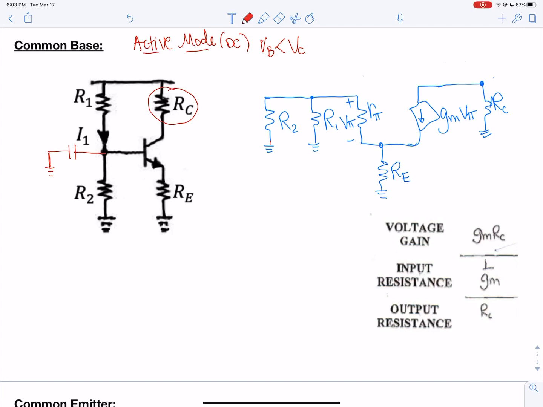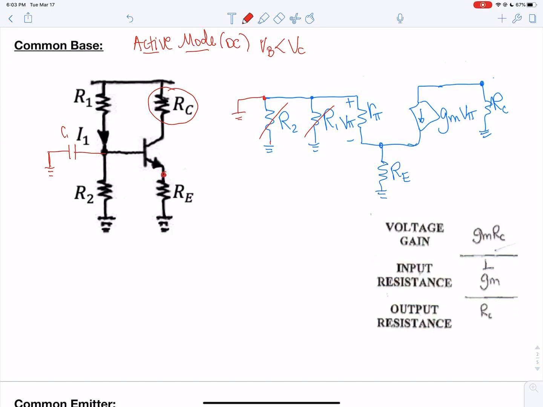So for base, you're going to connect a capacitor to ground right there at the base. In the hybrid pi, that is going to create a ground at the base, which is going to basically short out R1 and R2. And so this will give you what you'll have for the hybrid pi.